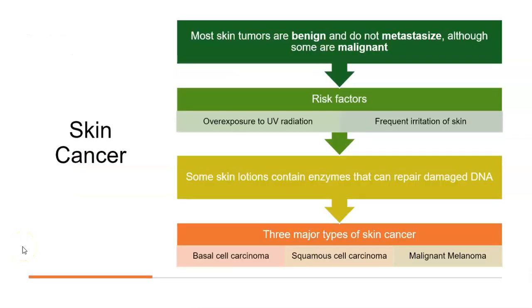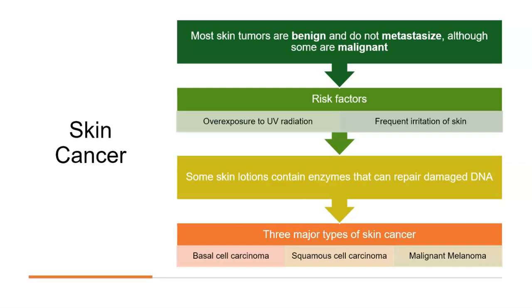When we talked about those melanocytes producing melanin to protect the DNA in the keratinocytes in our skin, that should tell you something pretty important. If our body has a built-in mechanism to protect DNA from the sun, there's something about that sun that's dangerous. And it is. UV radiation can cause mutations in our DNA.